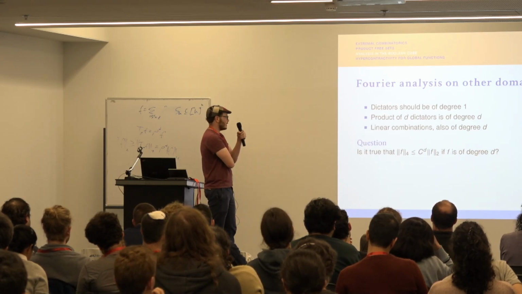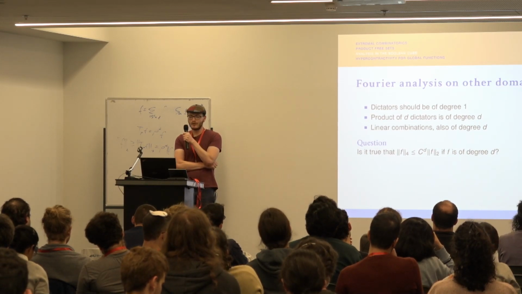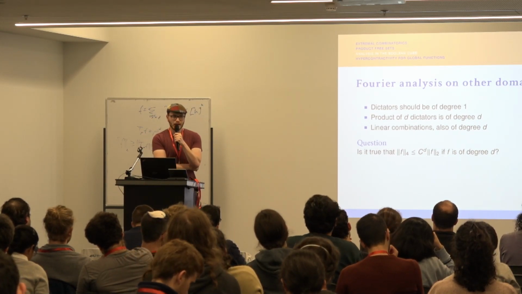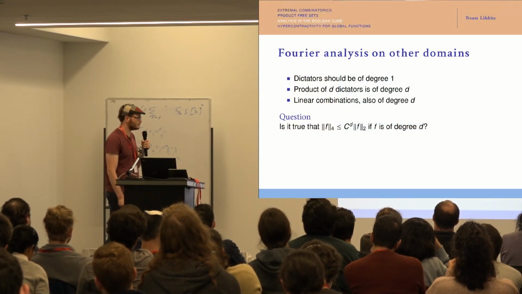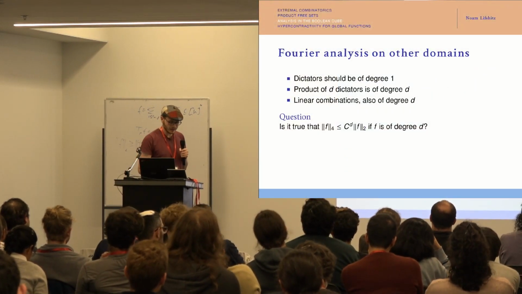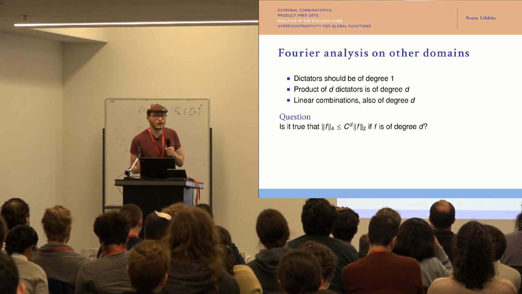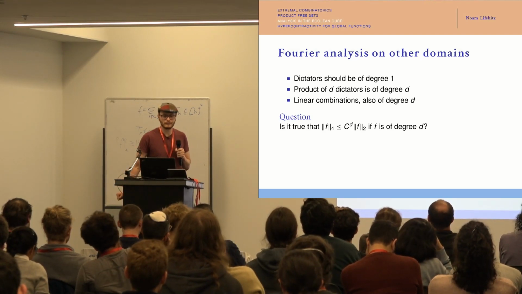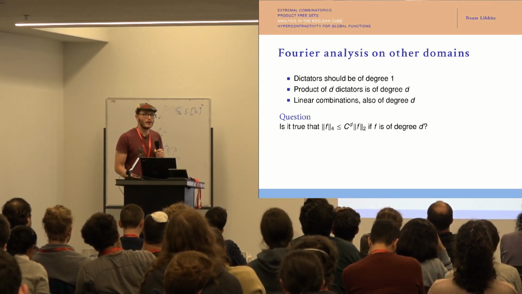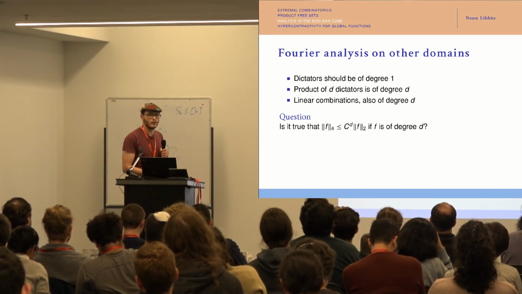So what is the notion of low degree functions? We need the dictators to be of degree 1, and products of d dictators to be of degree d. And you define a function to be of degree d if it's a linear combination of products of d dictators. So once you know what the dictators are, you know what the low degree functions are, and you can ask whether hypercontractivity is true or not.